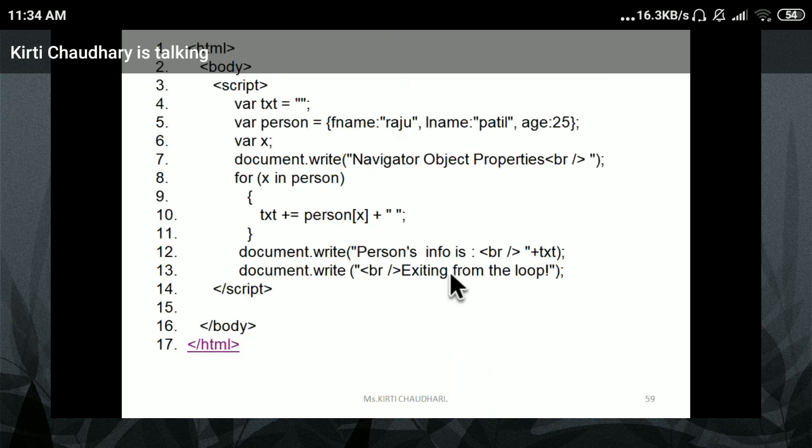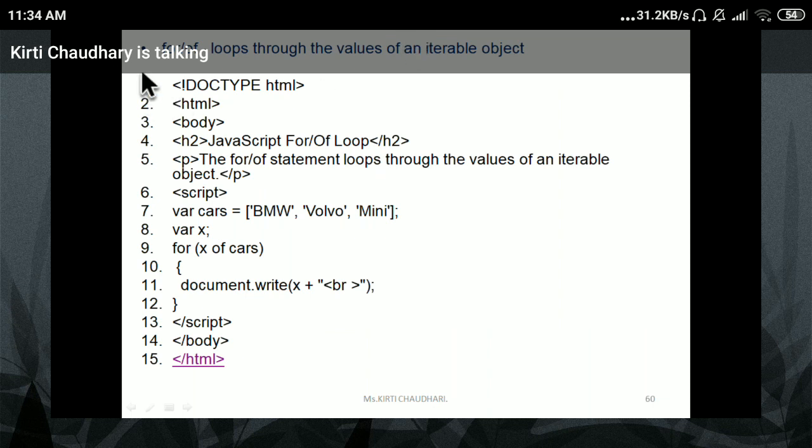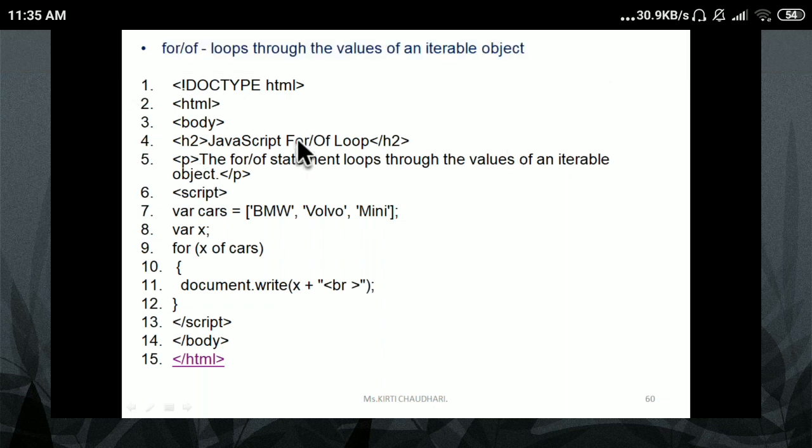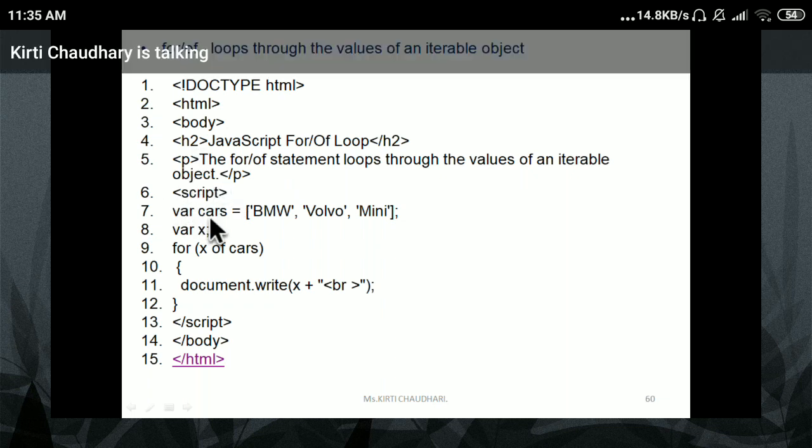Okay. Then next one is for of loop. For of loops through the values of an iterable object. So again, take the example: object is car, correct? It has three values. It is a string basically.